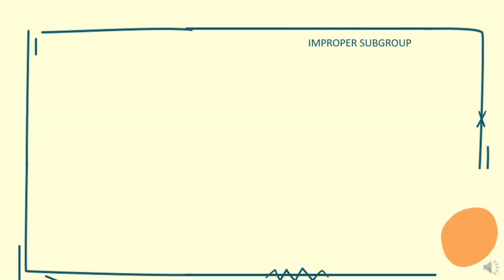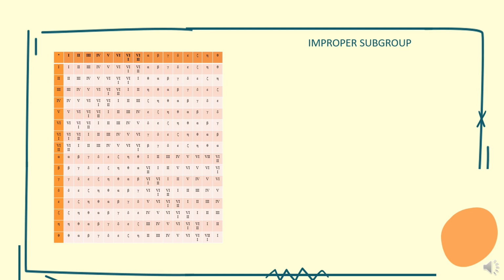This is the improper subgroup of our table, which is table B. So the improper subgroup contains Roman numerals 1, 2, 3, 4, 5, 6, 7, 8, alpha, beta, gamma, delta, epsilon, zeta, eta, and theta. As you can see, all the elements are in the improper subgroup of this table.